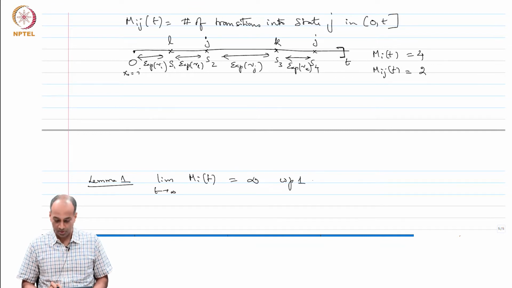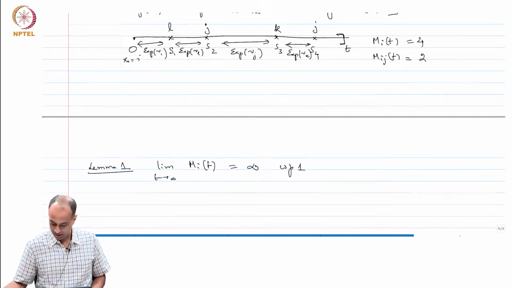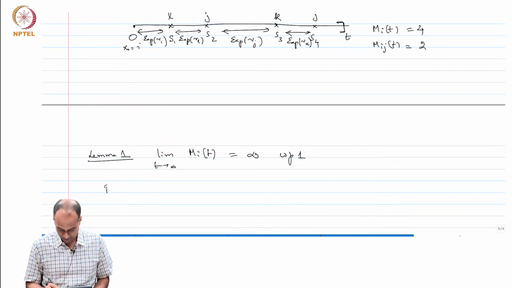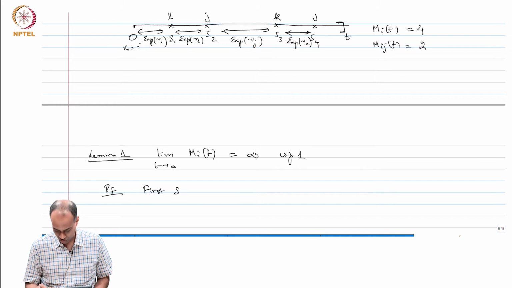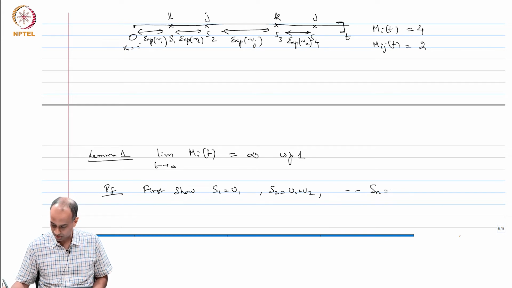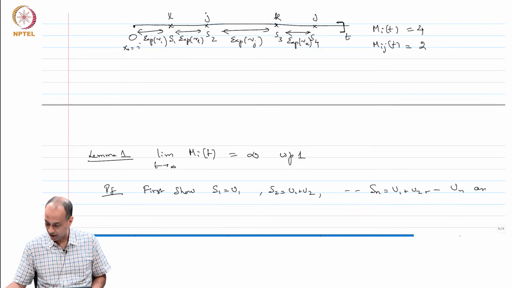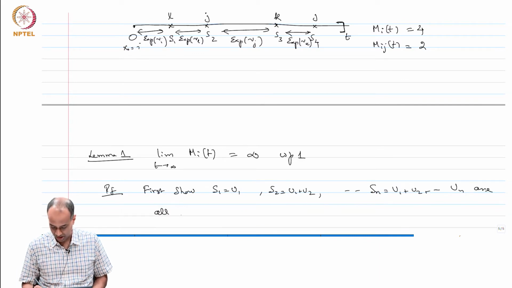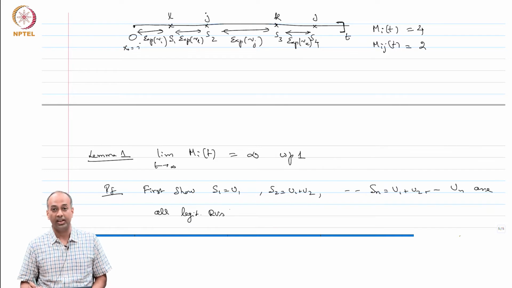The way to see that, the proof sketch: first show S1 equal to U1, S2 equal to U1 plus U2, dot dot dot, Sn equal to U1 plus U2 plus dot dot dot Un are all legitimate random variables, meaning that they are all finite with probability 1.